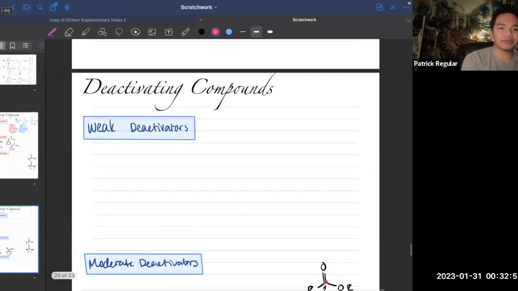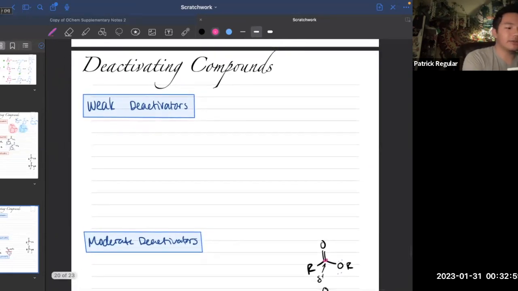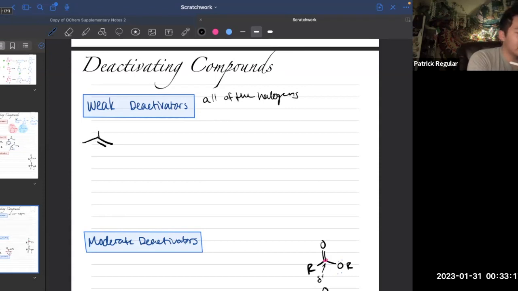You feel? So this includes all the halogens, just as it is on the periodic table. So you have fluorine. Let me draw them as their benzene rings, or how you'd see them.